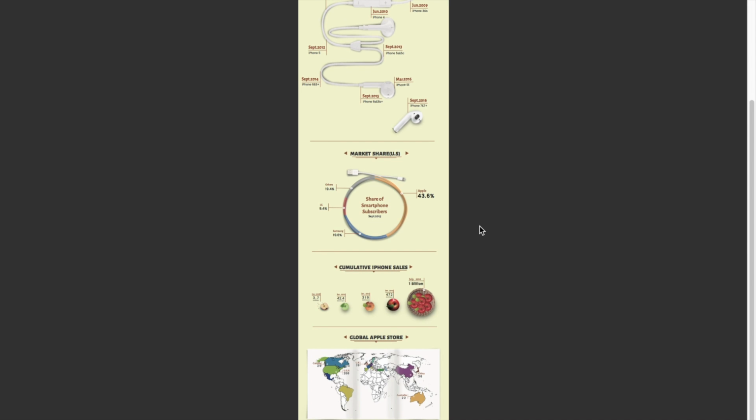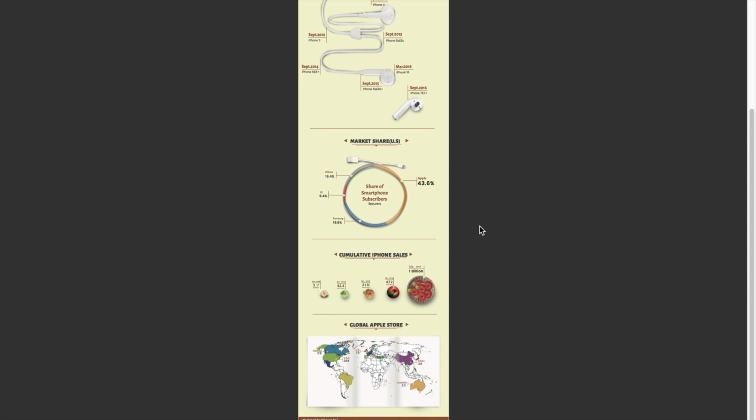The number display answers how popular the iPhone is with quantitative data. And lastly, the location display shows where the audience can buy the iPhone by showing the location of Apple Stores worldwide.